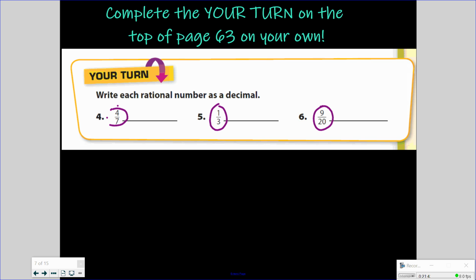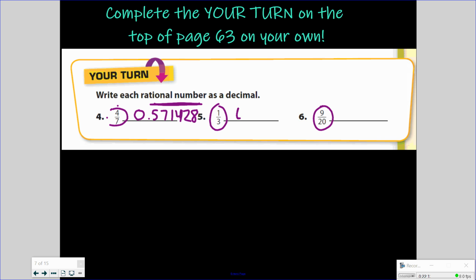So now that you've worked on this problem, 4/7 as a decimal is 0.571428. And what's awful about this one, it is so long, but this ends up repeating. So that is a repeating decimal. 1 divided by 3, that's another one like a half.